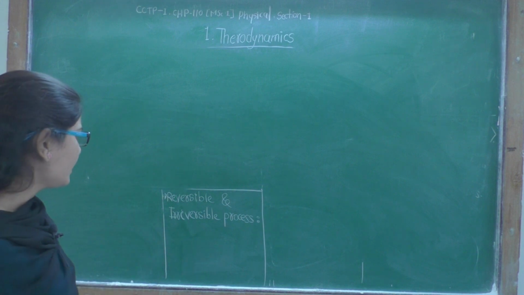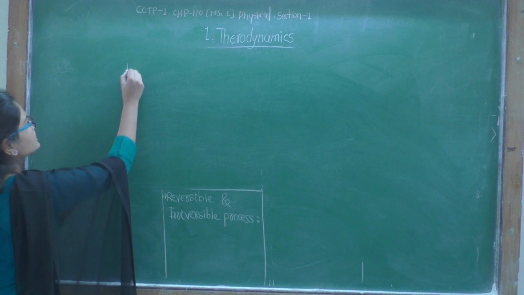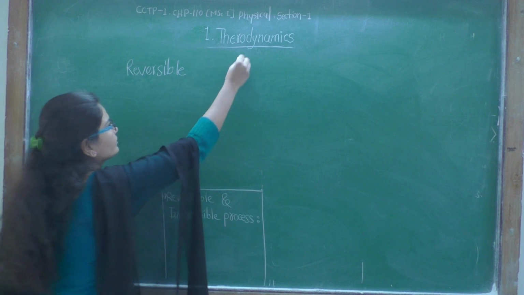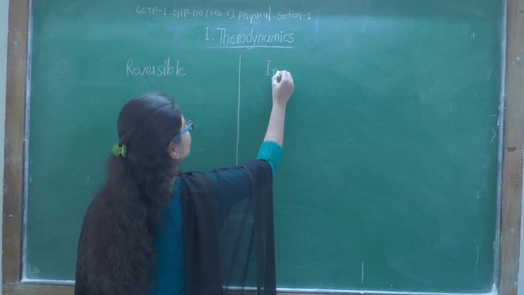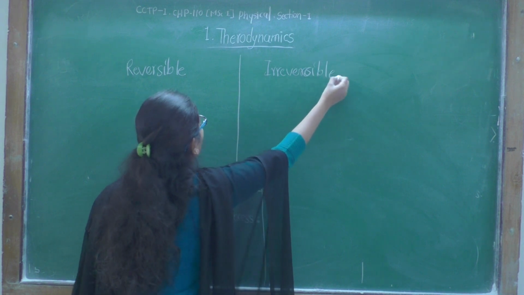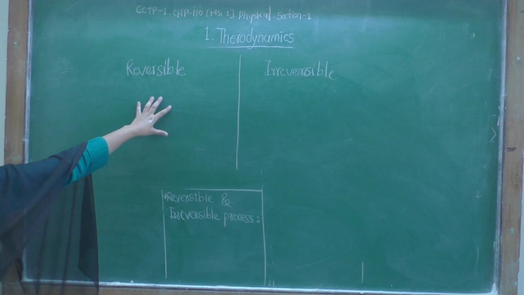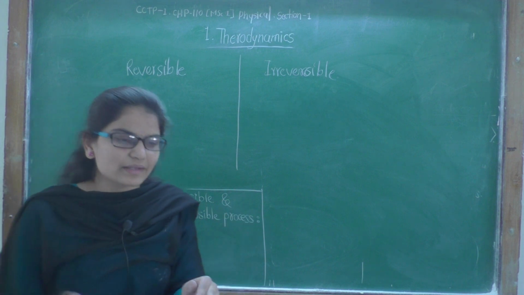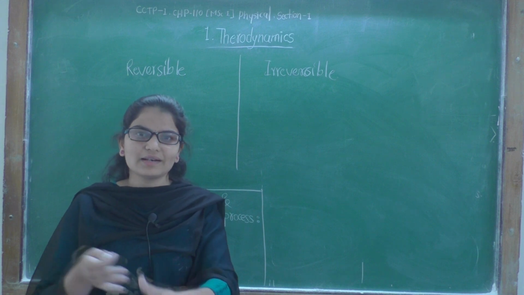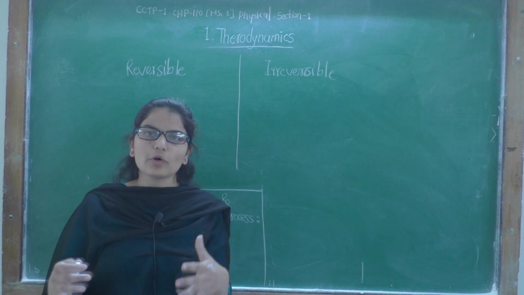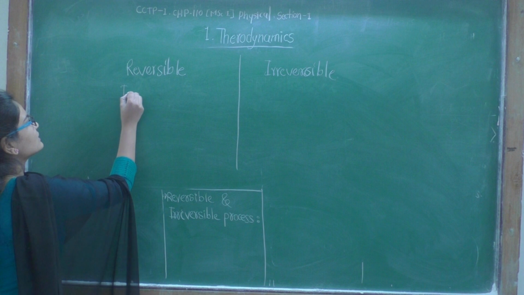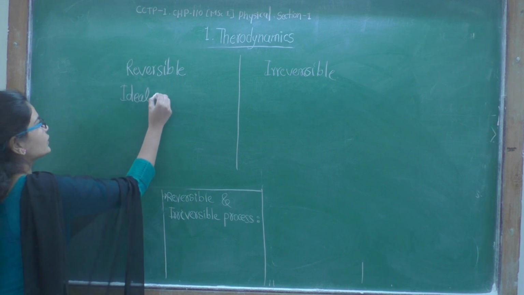Now, what are reversible and irreversible processes? In a reversible process, what happens? We do the process in infinitesimally small steps. Very small steps are involved in a reversible process. It is an ideal process.